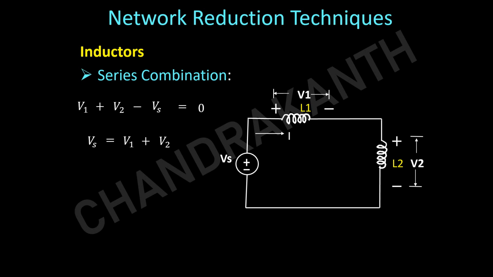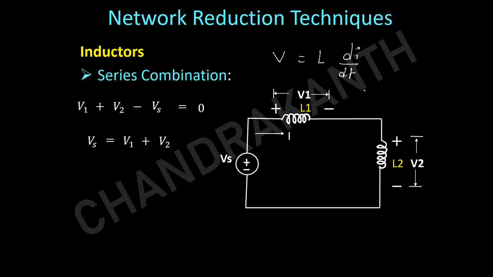Now we need to write the voltage equation for inductance. In the first video itself, I have given you the equations for voltage and current for RLC elements. So we know that the voltage equation for the inductor is L into di by dt.